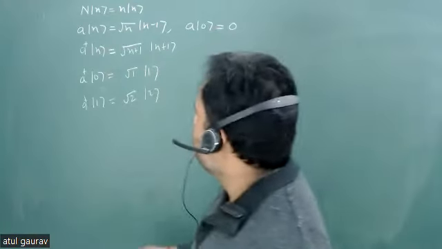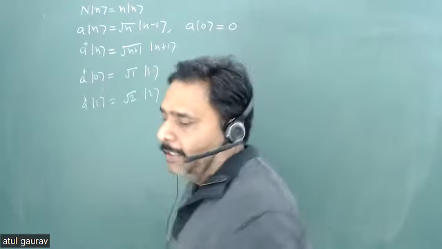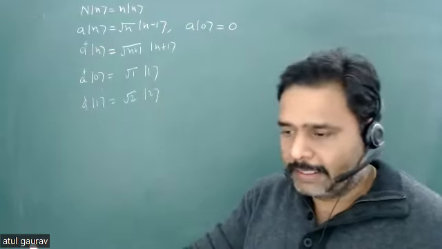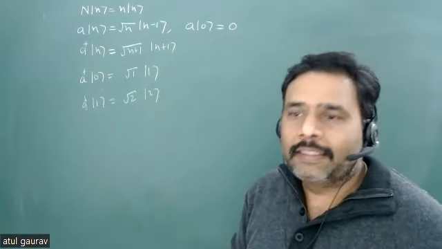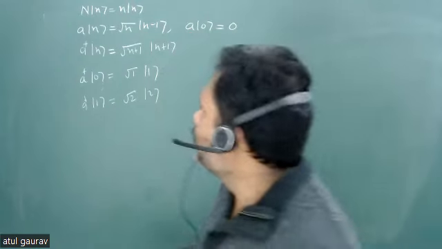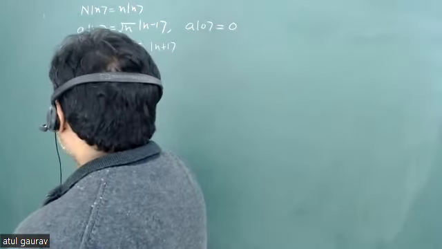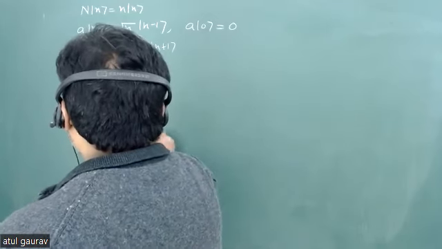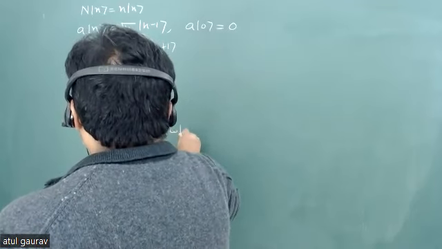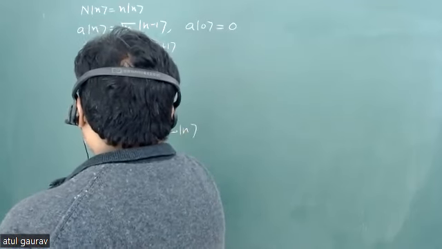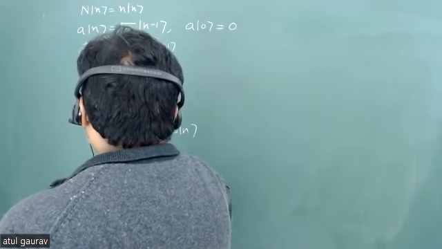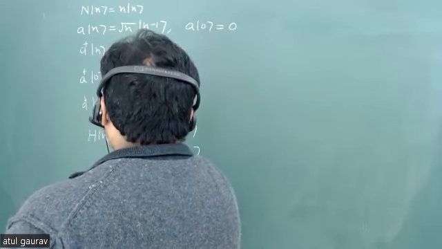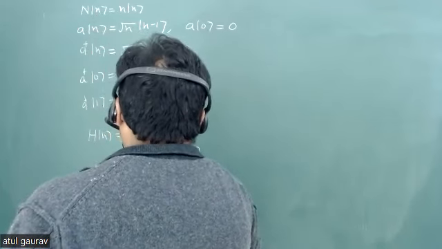There is not any logic here, and this will work because it is matching the experimental result. And H operating on |n> is equivalent to (n plus half) h cut omega |n>, where n is equal to 0, 1, 2, 3, and so on.